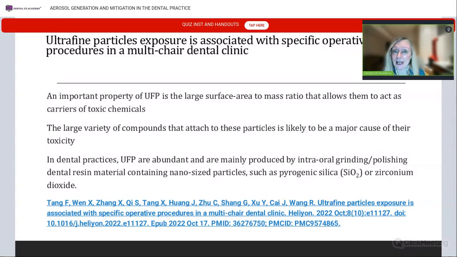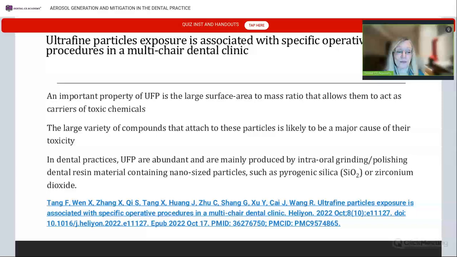So keep in mind in your practices, about 90% of the particulate matter is ultrafine particles. This was ultrafine particle exposure associated with specific operative procedures in a multi-chair dental clinic. And the concern here is the large surface area to mass ratio that allows these particles to act as carriers of toxic chemicals. Usually in the dental practice, they're attached to composite materials, zirconium, silicate, and so forth.